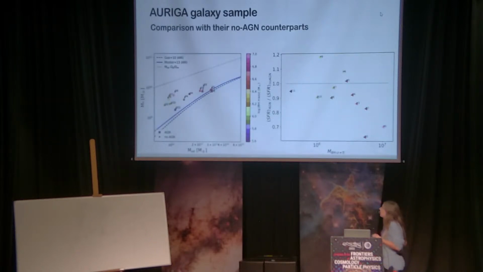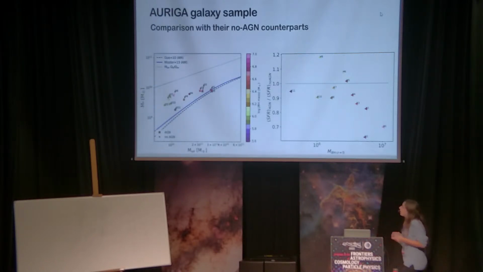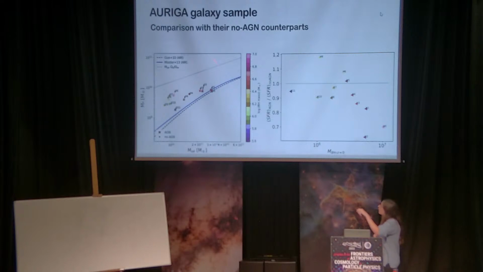Now, in order to know if there is a difference between the AGN and no-AGN configurations, we compare both. So here we have, again, the stellar-to-halo mass relation, but now with my sample. You can see the cross points are the configuration without the presence of the black hole, linked with its own galaxy with the AGN.